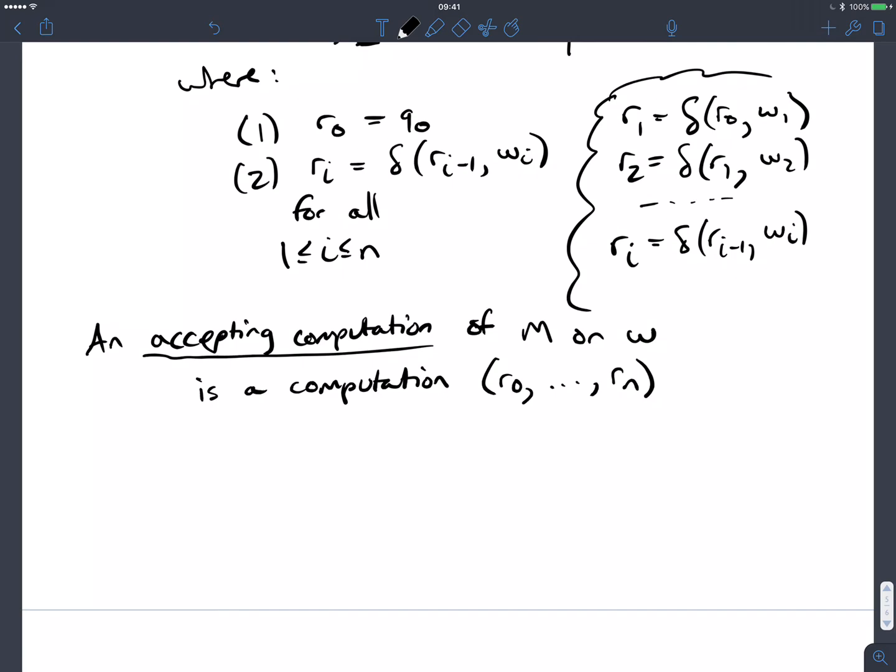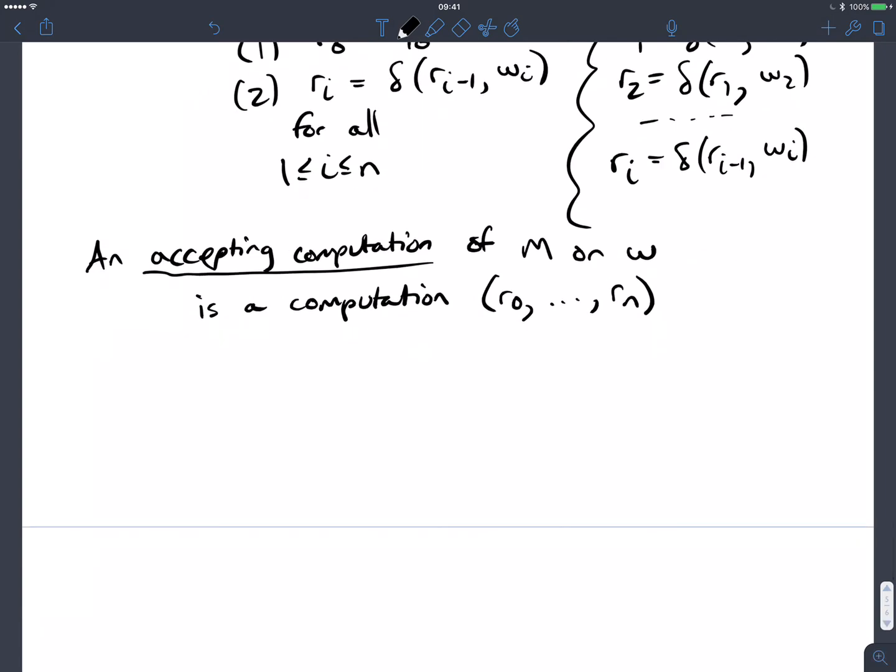But like we did before, we said we accept this particular input, or we don't. So if I want to say that M accepts W, what is the extra qualifier that we need to add? Rn is an accepting state. Right, so Rn is in the set of final states. So I need to say, and Rn is in F.